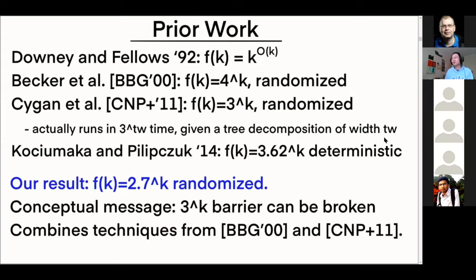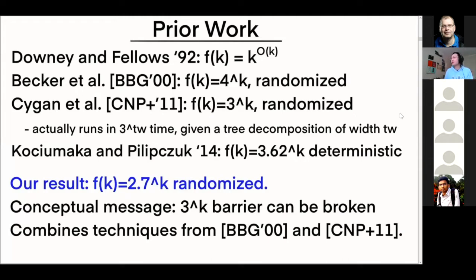The point is we can break through 3 to the k, and hopefully that shows that improvements can be made and revives the race on how to get the best base exponent, which hopefully leads to further ideas that can be used in more problems in parameterized complexity.